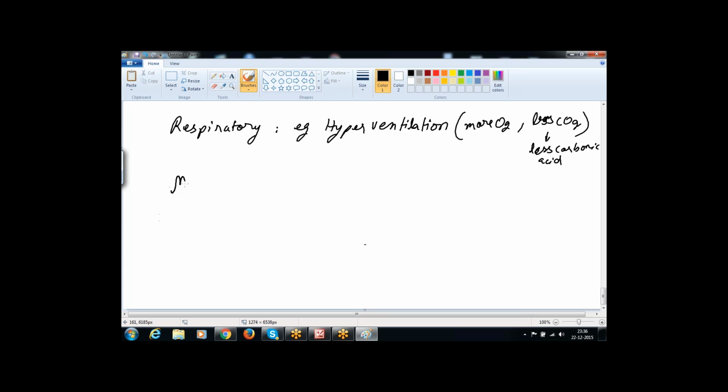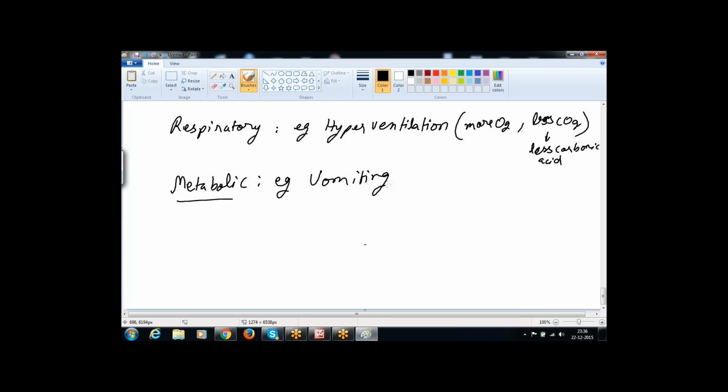And metabolic will be when the problem lies anywhere other than the respiratory system. For example, severe vomiting. You know, the stomach has acid. When we vomit, all that acid is thrown out.